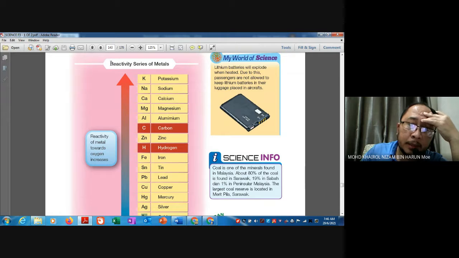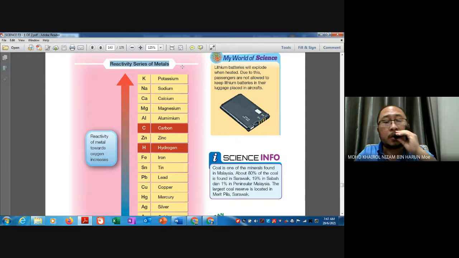This reactivity series of metals is based on the reactivity, the vigor of the metal when it reacts with oxygen gas. Based on the reaction towards oxygen gas, they have different reactivity, and the most reactive metal is at the upper position.